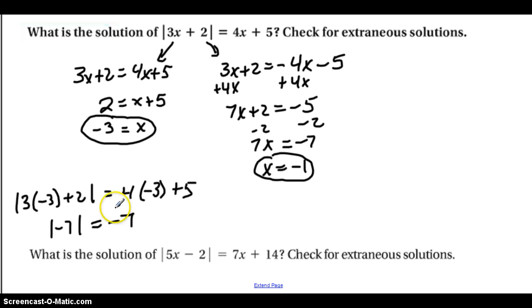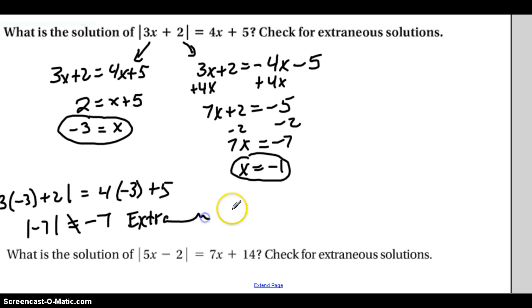It does not equal -7. So here, since this is not true, this is an extraneous solution.